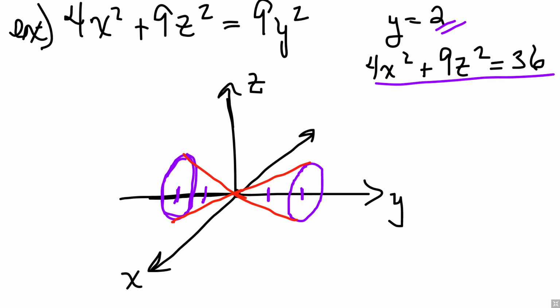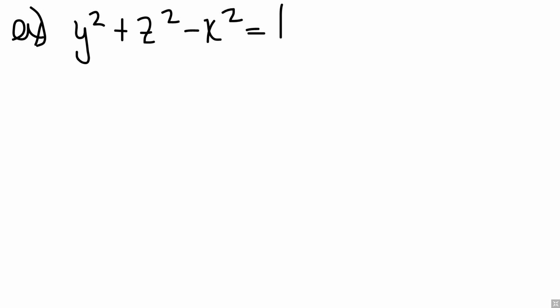Okay, and let's look at the last one. So the last example we have is this. We have that y squared plus z squared minus x squared equals 1.